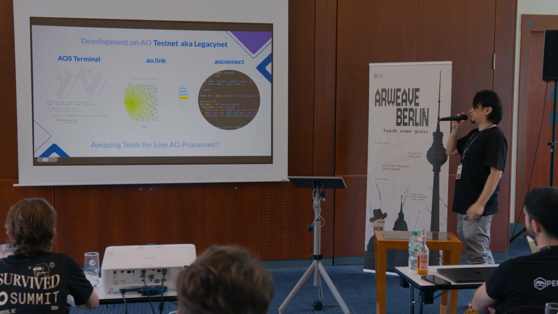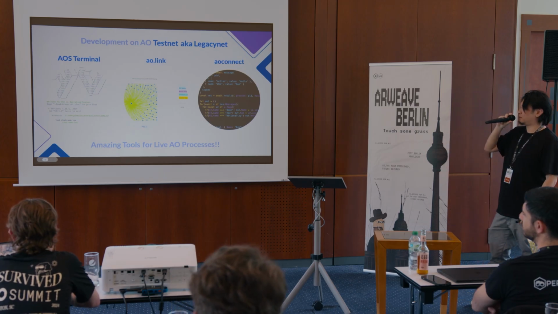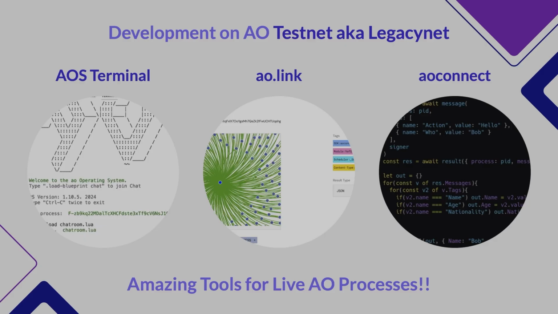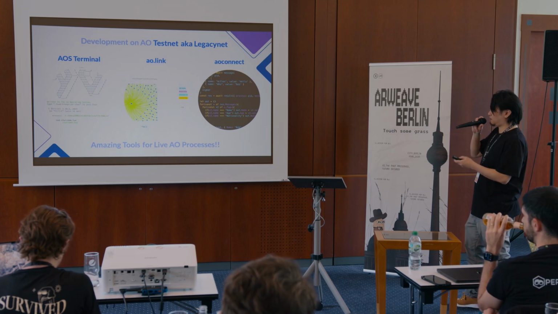All right. So let's talk about developer tools for the ecosystem. We have amazing developer tools like AOS Terminal and AO-Link, which is an explorer from Autonomous Finance, and AO Connect to interact with AOS processes. But those tools are mostly used for live AO processes, and these are not for testing.